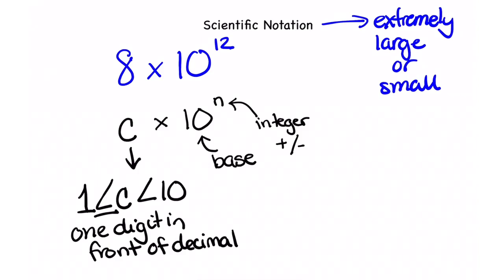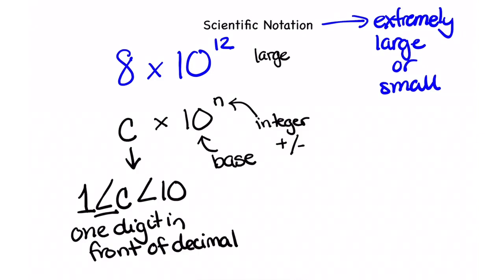Other things to note is that this part over here, this exponent, tells me if it's a large number or a small number. So 8 times 10 to the 12th tells me that this is a very, very large number. How so? Because if I were to multiply 10 to the 12th power, think about this, math marbles.